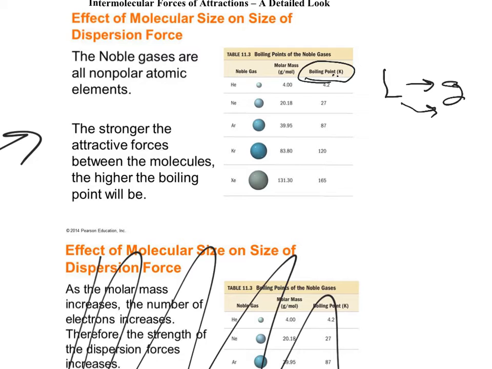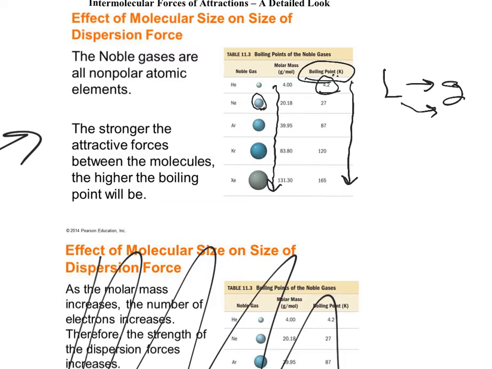And so we can use boiling point, because that is the temperature at which boiling occurs. We can see that as you increase in mass for the noble gases, you're seeing an increase in boiling point. So as you add more electrons, the forces that are holding the molecules together are getting bigger.